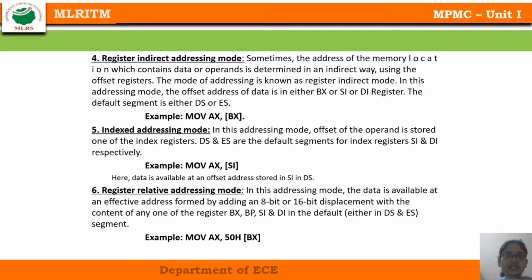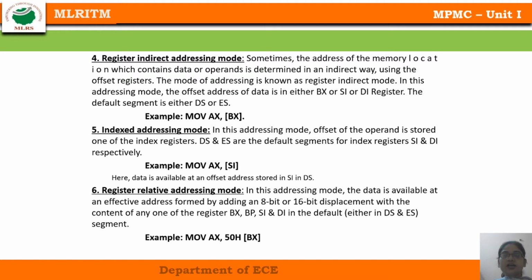Next is register relative addressing mode. In this addressing mode, data is available at the effective address formed by adding the content of an 8-bit or 16-bit displacement with the content of any of the registers BX, BP, SI and DI in the default segment register DS or ES.